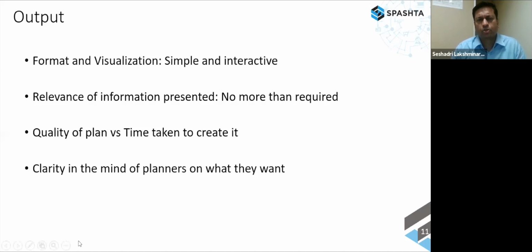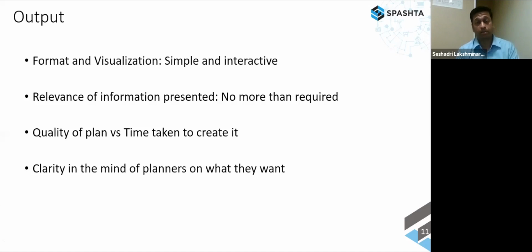So the very first thing is actually the time taken to create it. It's a trade-off that we need to make as a planning team in that company: how much time am I willing to wait for the batch plan to come in, especially if it's an optimization plan?